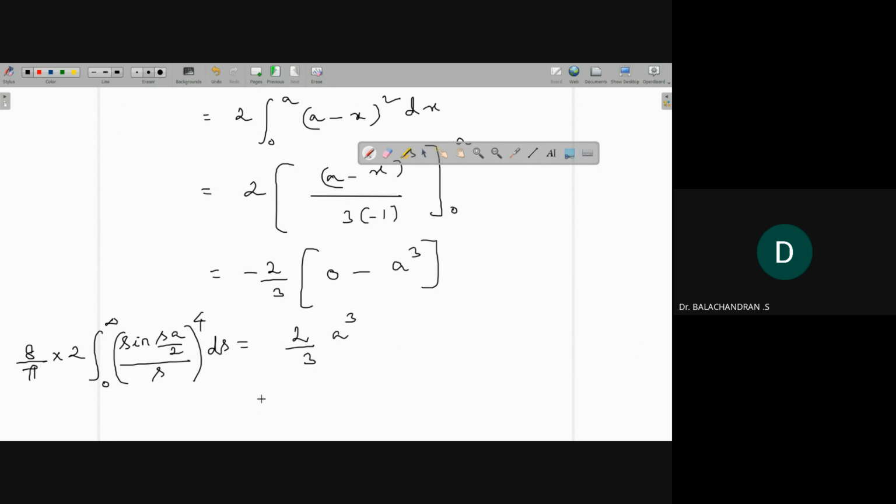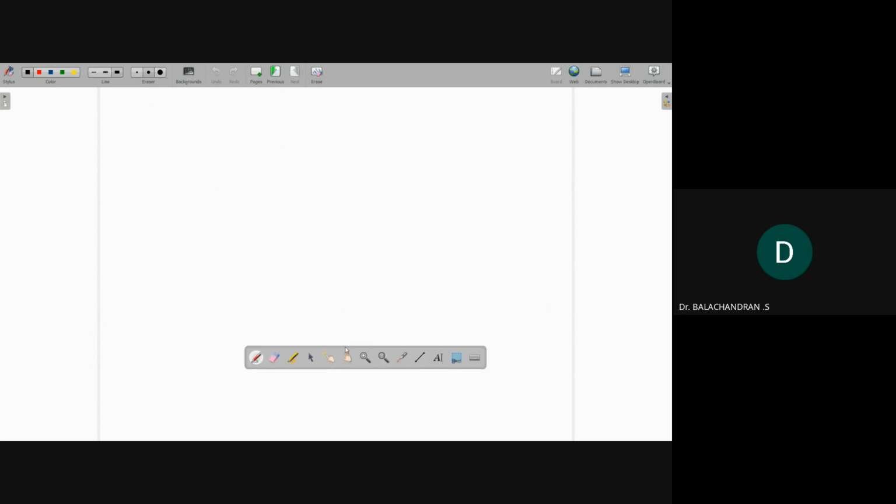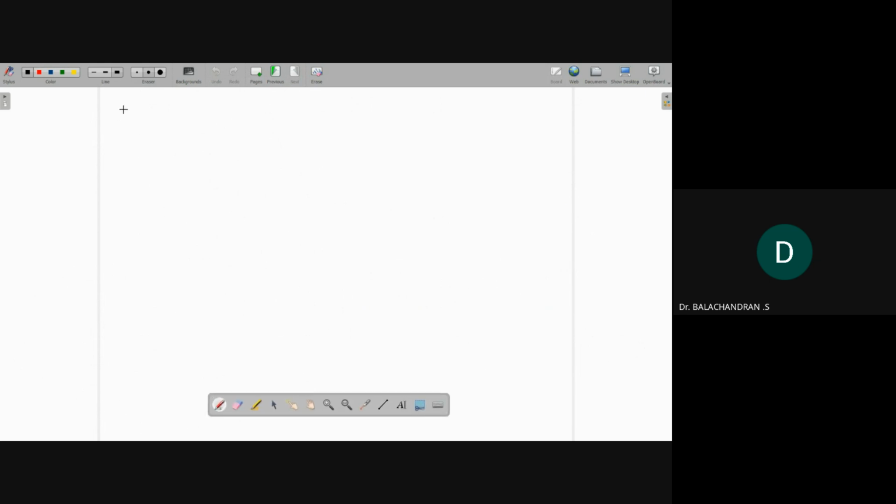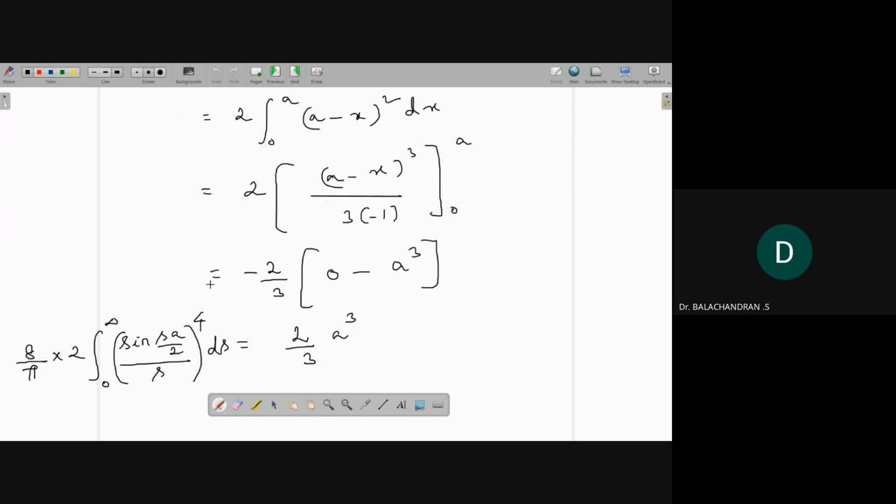Okay. So the integral, I'll write on the next page. Integral 0 to infinity (sin(sa/2)/s) whole power 4 into ds, which is equal to, this is what? 2 gets cancelled.